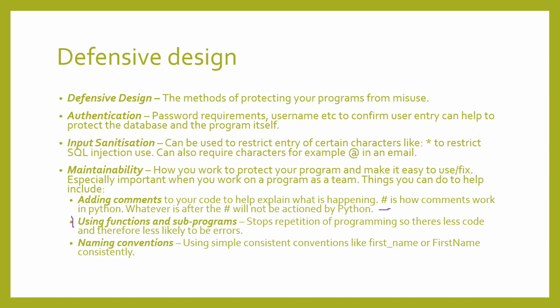So using subprograms and functions rather than repeating things helps maintainability. And then using consistent naming conventions. In other words, using underscores in between words or capital letters to signify the start of a word, because we can't use spaces. So either using first name with capital F and N or first underscore name, and using those consistently, that helps maintainability.